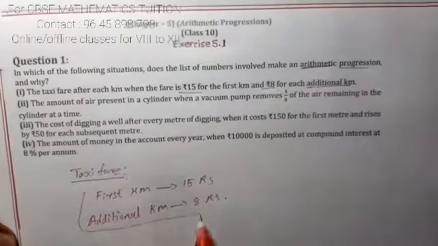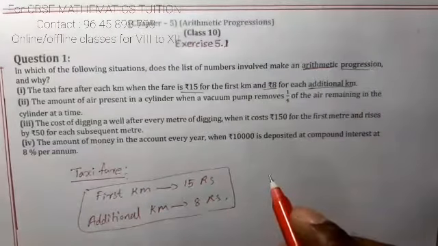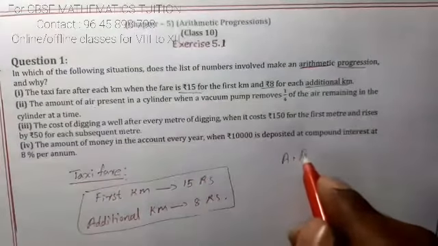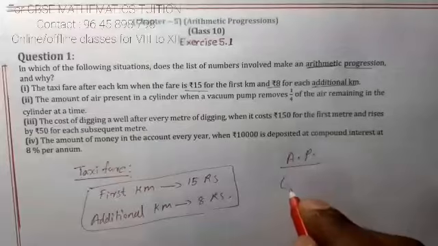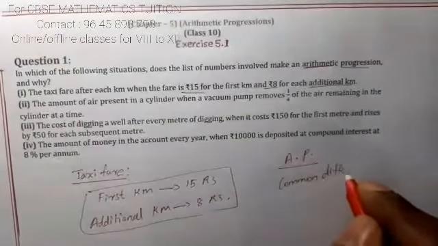Now we want to think about how to check whether a progression or a sequence or a list of numbers is in AP or not. AP means there will be a common difference.